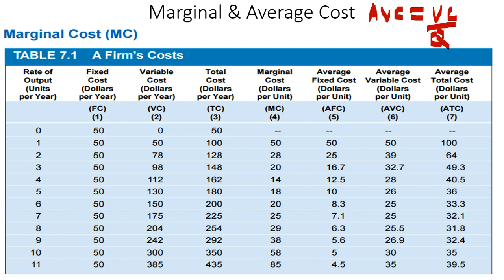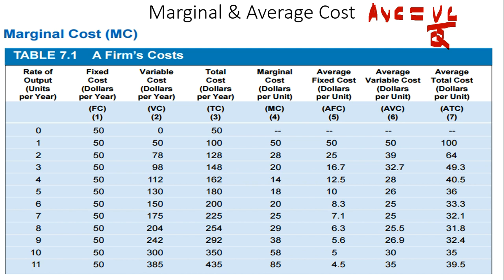Sorry, with average variable cost, the question will be, okay, so this 1 unit, how much is it contributing to the variable cost? So if it's average fixed cost, it's fixed cost by output. If it's average variable cost, it's going to be variable cost per unit of output. So that's the logic.